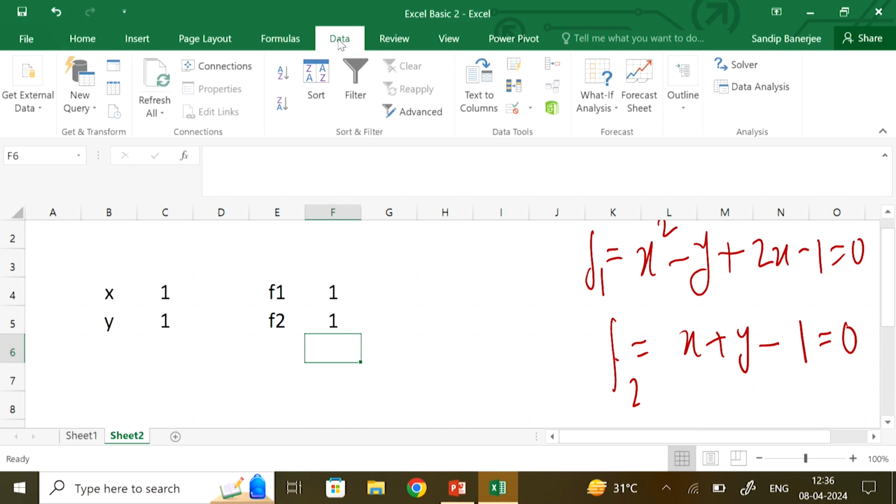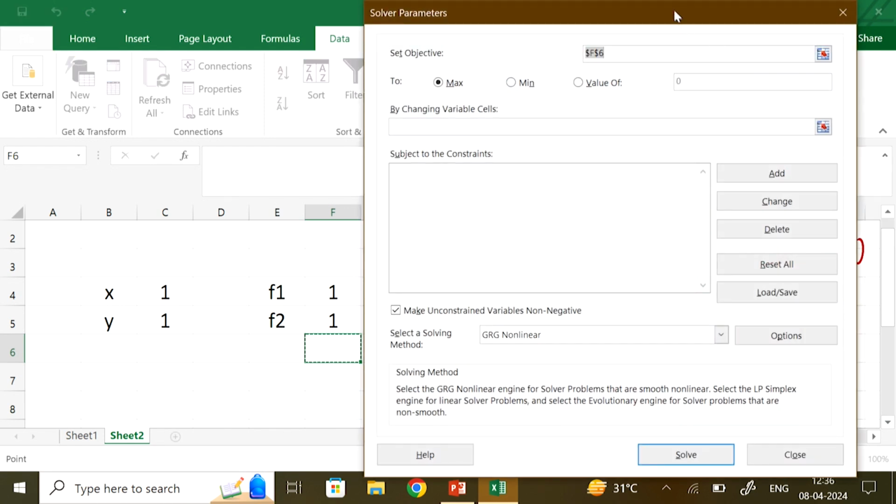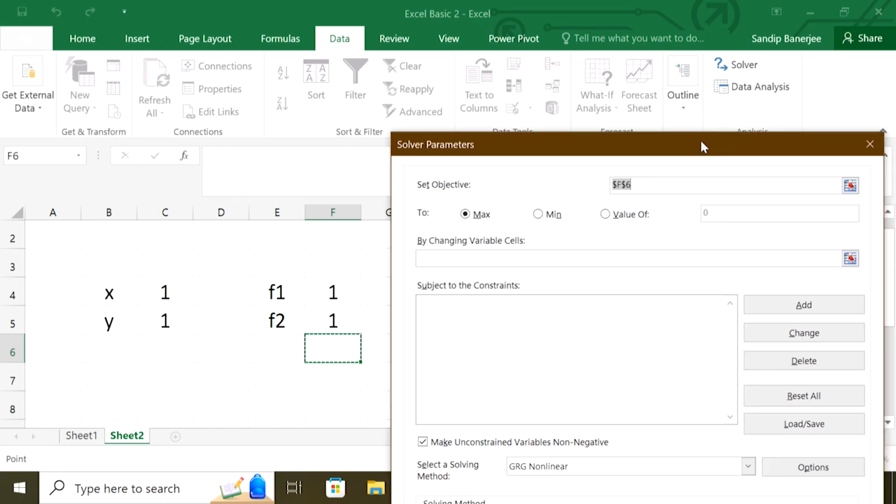So we go to the solver and your objective is you set this value f1 to go to 0 by changing the variables x and y.